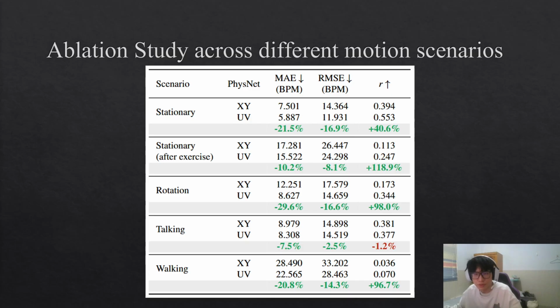Stationary scenarios showed a 21.5% improvement, and walking scenarios demonstrate a 20.8% reduction in MAE, while talking scenarios show a more modest gain with a 7.5% improvement.